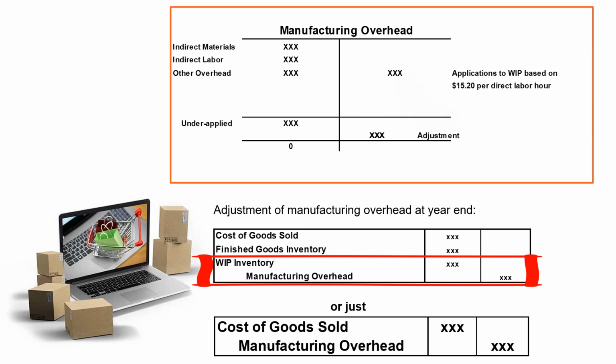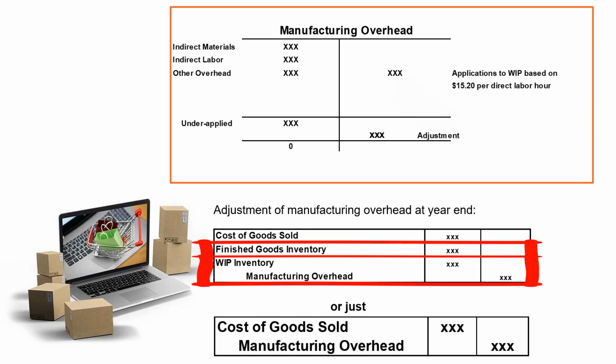But the problem here is that most of that work in process inventory that we were working on during the month has probably been finished, with all of the costs transferred to finished goods inventory. If that's true, then we want to take these under-applications and apply more, but not put it in work in process, because those costs are already sitting in finished goods inventory.